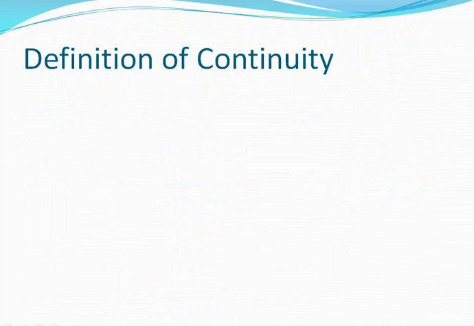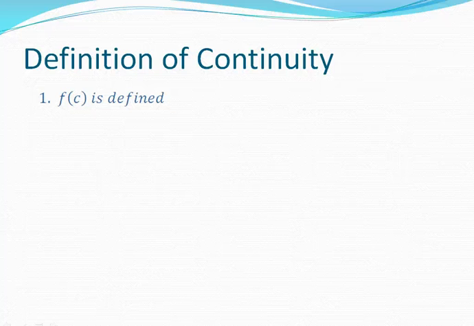So now let's talk about what really defines continuity. How do we look at a function and know that it's continuous? Well, we have a little checklist. The first thing that we look at is that we want our f of c to be defined. That means I want my value of x to be able to be plugged into my function and to receive a y value.